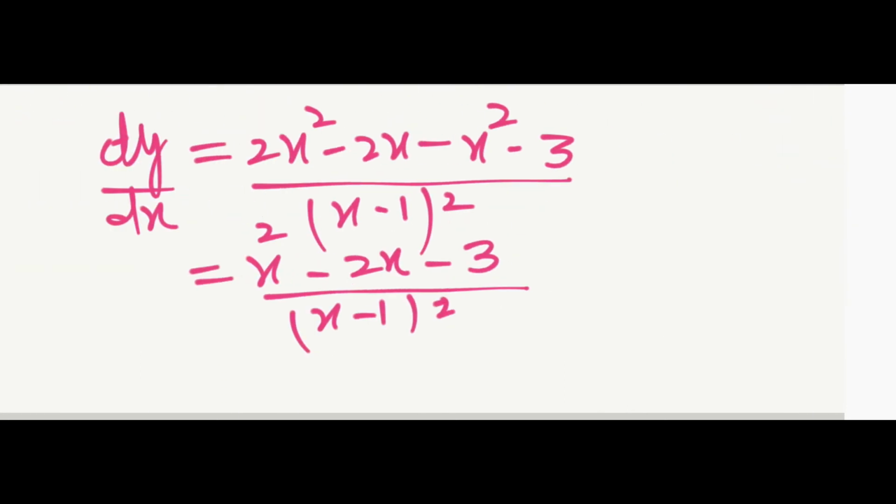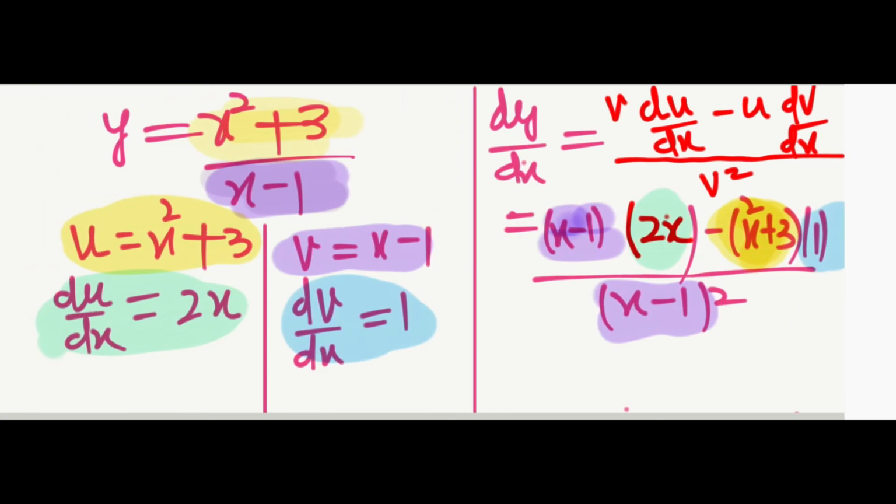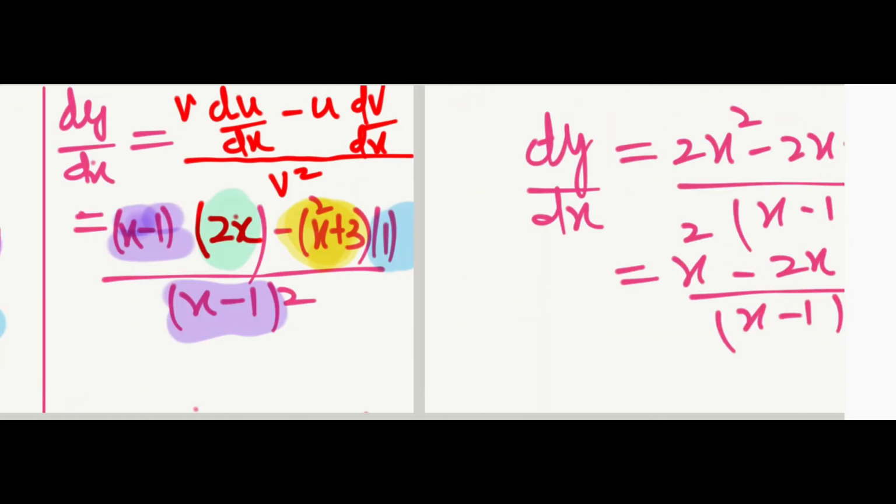And then further solve, it is 2x square minus x square is x square, minus 2x minus 3 upon x minus 1 whole square. So friends, this is how you solve this question. The only one thing you need to remember is the formula, and then you substitute the respective values.